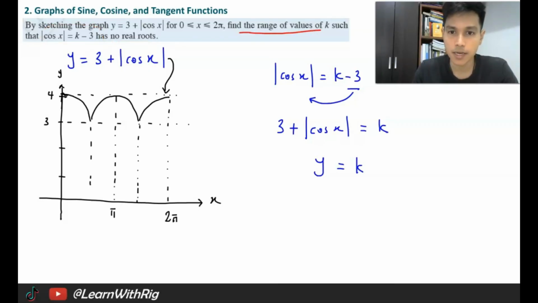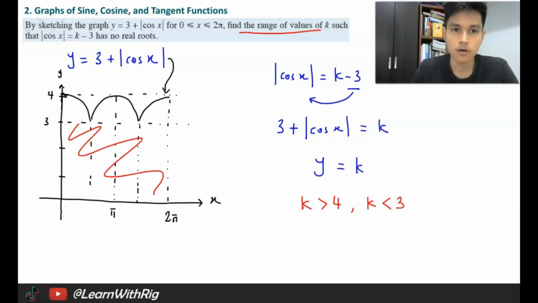So the k value should either be more than 4, or k less than 3. That means it's either up here or down here. I hope you understand this. So your answer is: k is either more than 4 or k is less than 3.